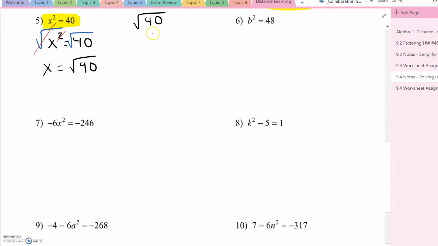The one that's really sticking out to me is 4, because 4 times 10 is 40. And 4 is a perfect square because if I take the square root of 4, I just get 2. So that means the square root of 40 can be simplified as 2 square root of 10.